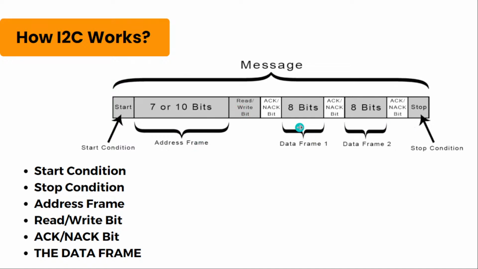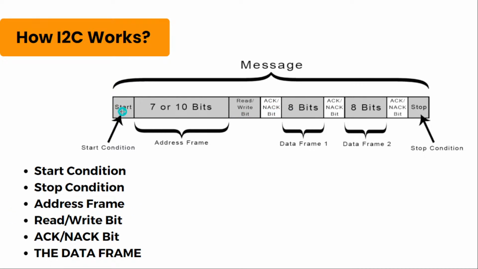Each message has an address frame that contains the binary address of the slave and one or more data frames that contain the data being transmitted. The message also includes start and stop conditions, read and write bits, and also acknowledgement and non-acknowledgement bits between each data frame.